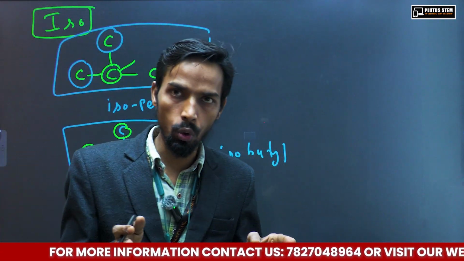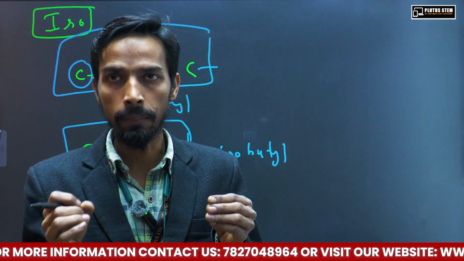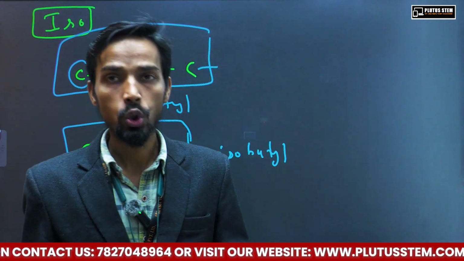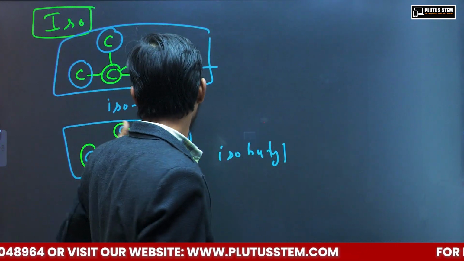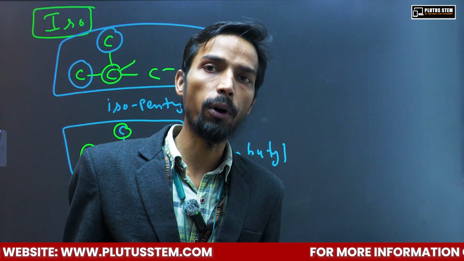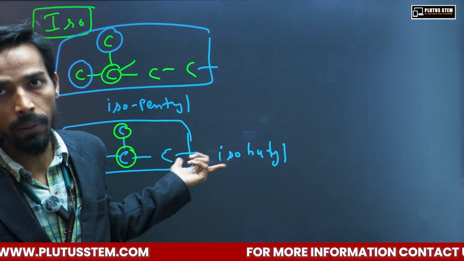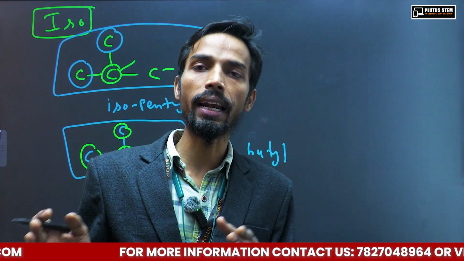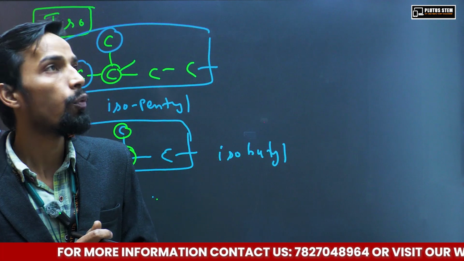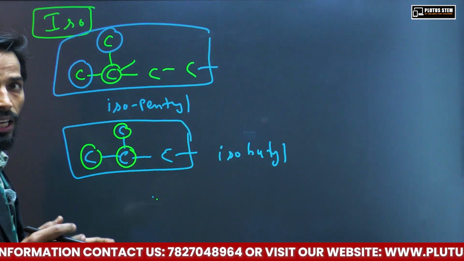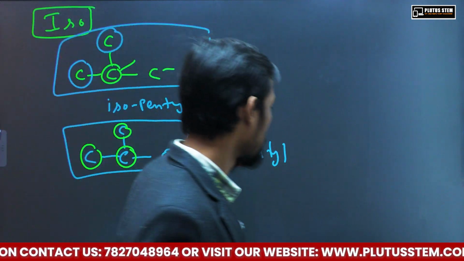When there is a functional group, we generally use the terms tertiary, secondary, like that. When there is no functional group, as in hydrocarbons and alkyl halides, we use the terms iso and neo. Generally, we use secondary, tertiary, quaternary for functional groups such as alcohol, aldehyde, etc.